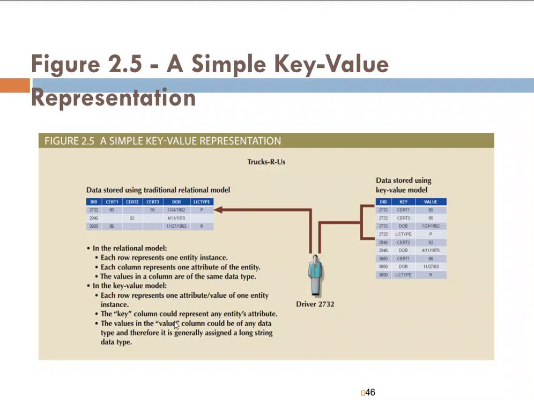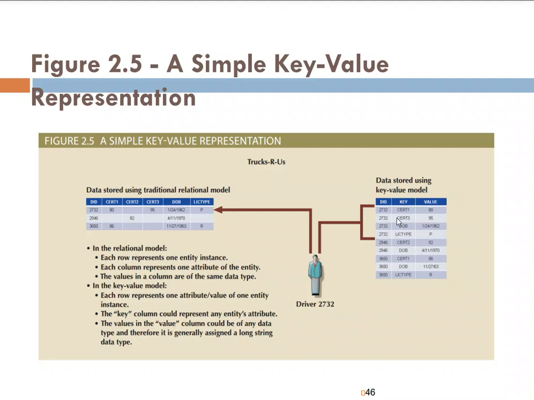So the key column could represent any entity's attribute. So maksudnya kalau driver tu kat sini ada 4 attribute, so dia akan ada 4 lah row, 4 rows here for the same driver. So the key column could represent any entity's attribute. The value in the value column could be of any data type, and therefore it is generally assigned a long string data type.